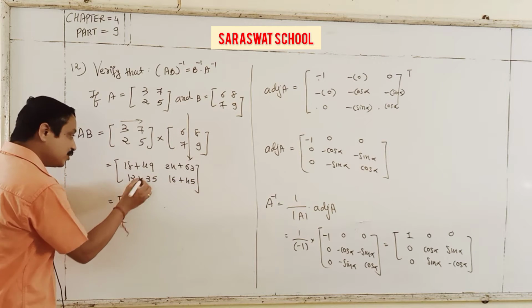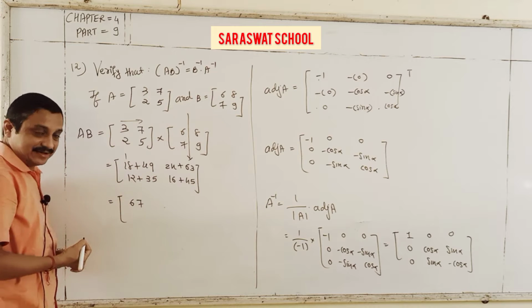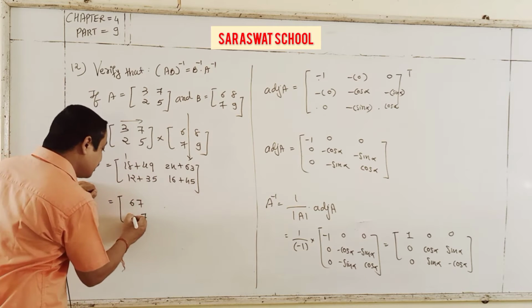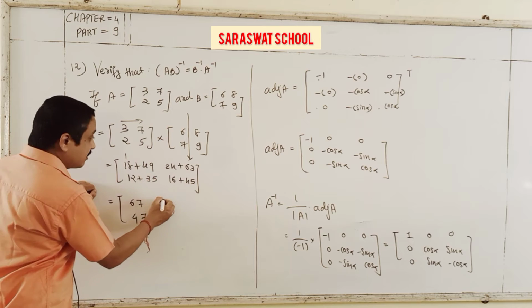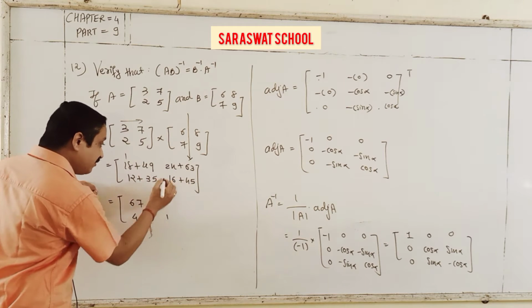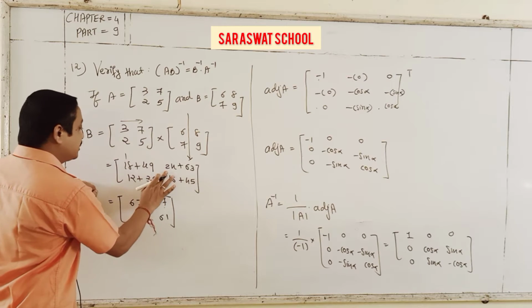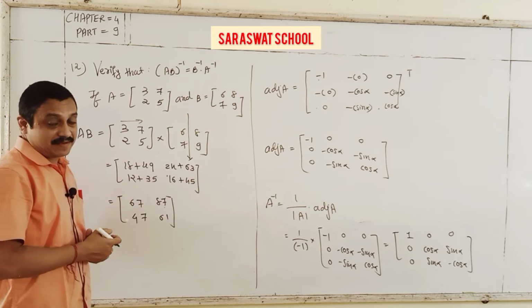That should be your answer. Adding, we get 67, 47, 87, 61. That is your simple AB.